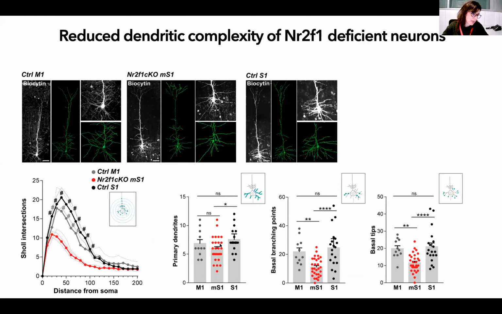And this was primarily due to a reduced number of primary dendrites, of basal branching points, and basal tips of these basal dendrites, suggesting that together with the changes in excitability, we also see changes in the structure and the morphology of these neurons.